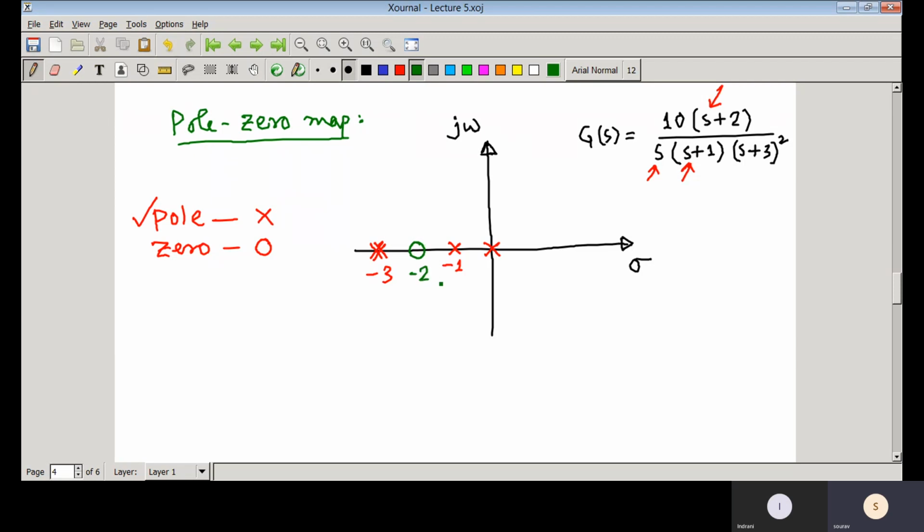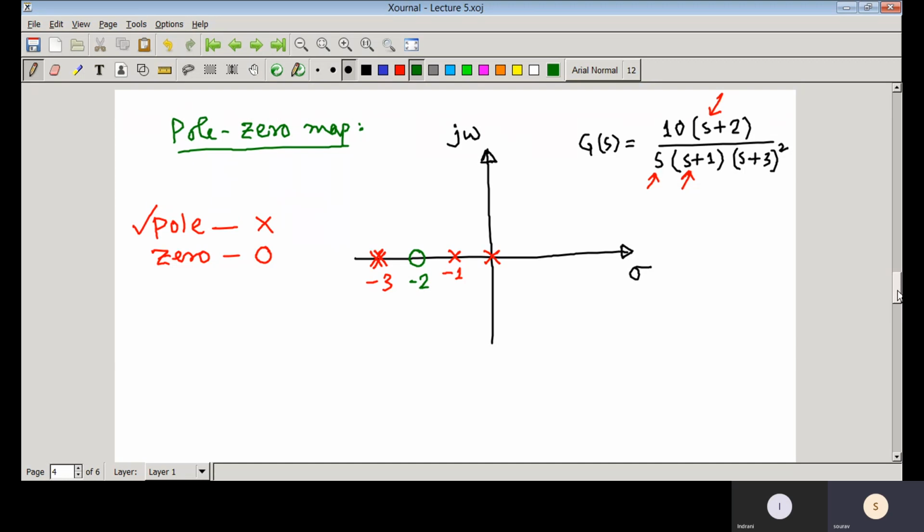So this is actually that pole zero map. And this particular function is also available in MATLAB. Whenever a rational function is given to you, if you draw the pole zero map using these two symbols, cross and the small circle, then one can understand where are the locations of poles and zeros of a rational function.